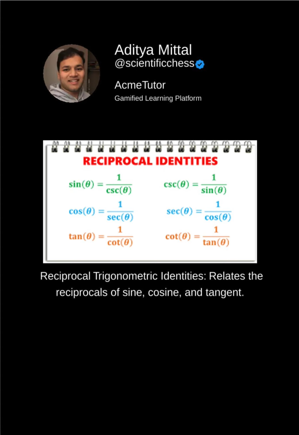And if you do 1 over sine, you get cosecant. Similarly, if you do 1 over secant, you get cosine. If you do 1 over cosine, you get secant. If you do 1 over cotangent, you get tangent. And if you do 1 over tangent, you get cotangent. So these are the reciprocal trigonometric identities.